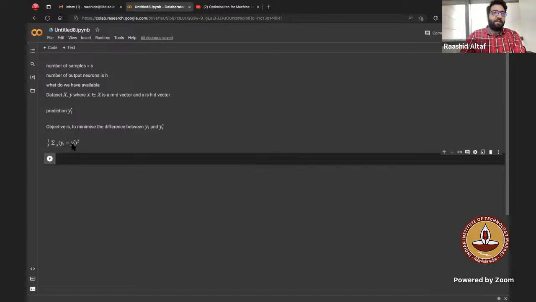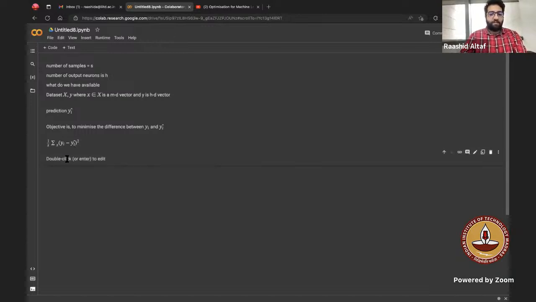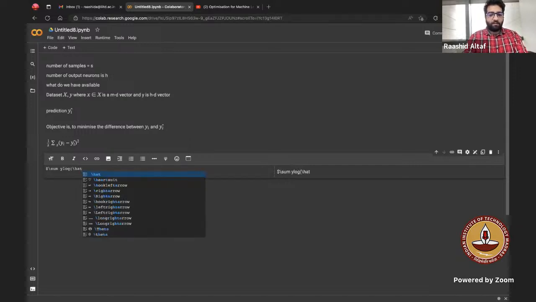Say if you have classification, there is a cross entropy loss. Cross entropy loss is something like, again, a sum: y into log of y hat, plus 1 minus y into log of 1 minus y hat, something like that.